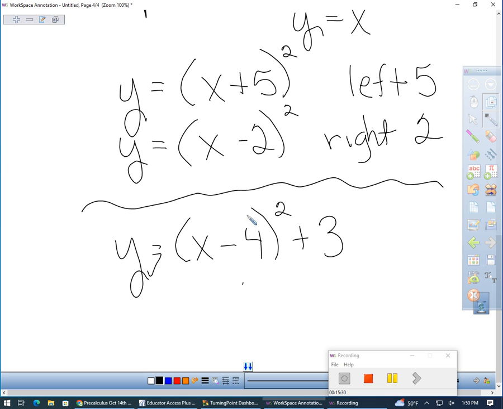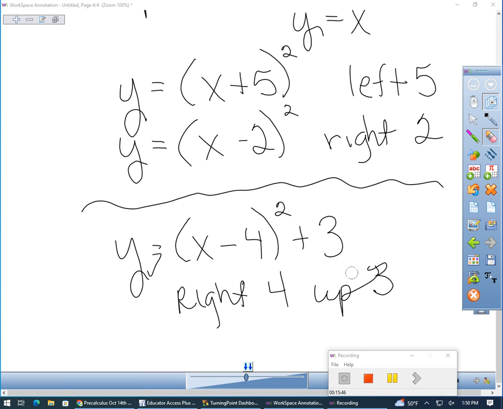What is it telling me we're doing here? Right 4. And what did you say, Logan? Up 3. Exactly. Up 3. It's easy, right? Okay. How we doing? We're doing okay? Yes, exactly. Very good.